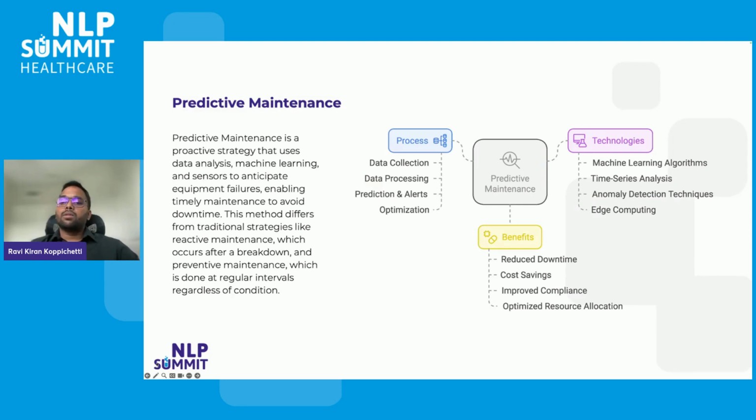Predictive maintenance offers significant advantages in the biopharma industry. It reduces downtime by preventing unexpected failures. It lowers maintenance costs by eliminating unnecessary servicing, and also ensures compliance with regulatory requirements by maintaining the equipment in optimal condition.